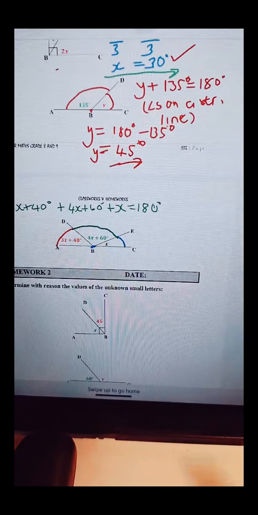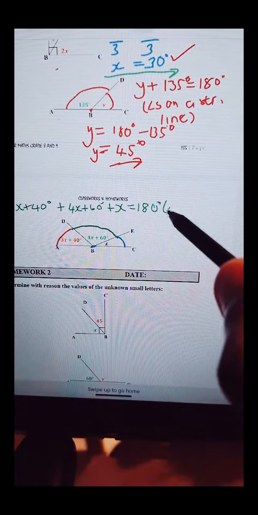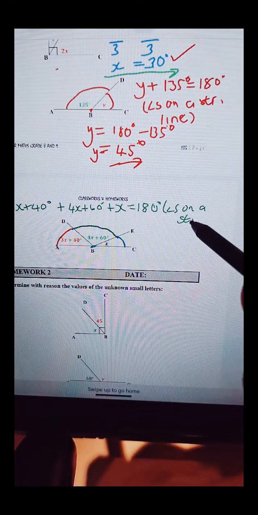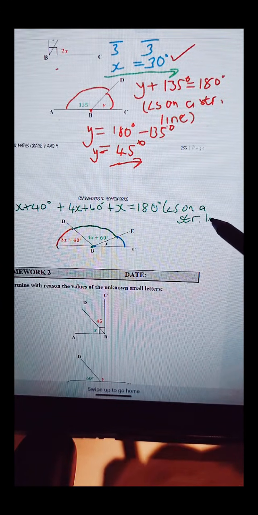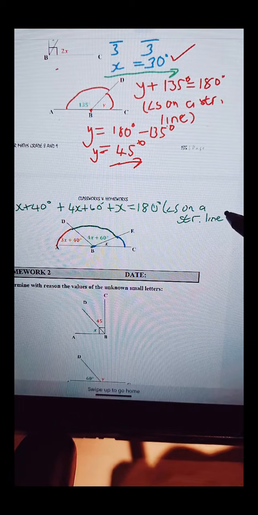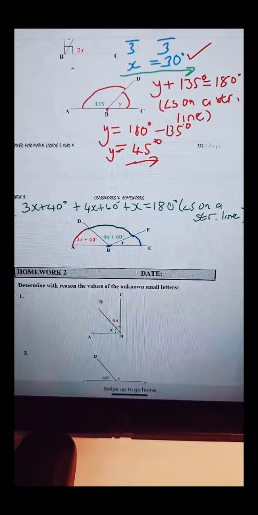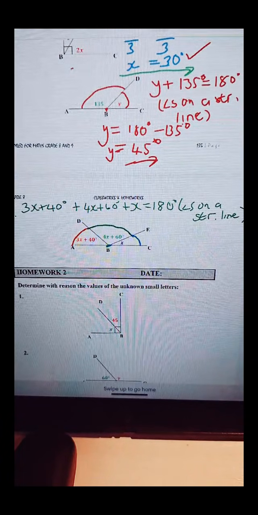Reason: angles on a straight line (close bracket). Angles on a straight line.